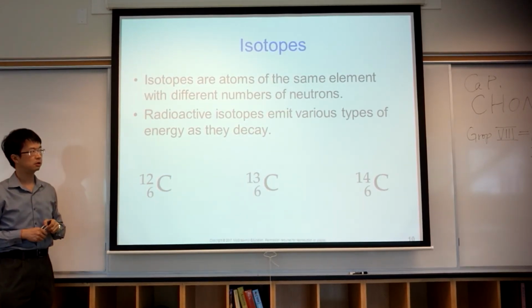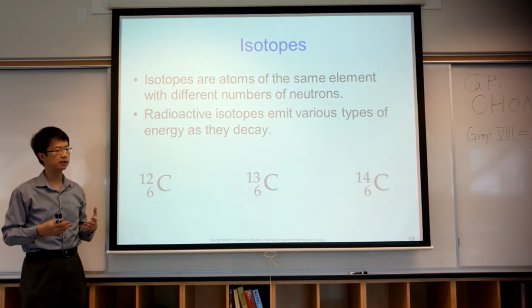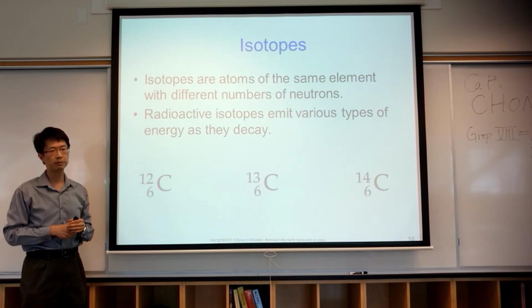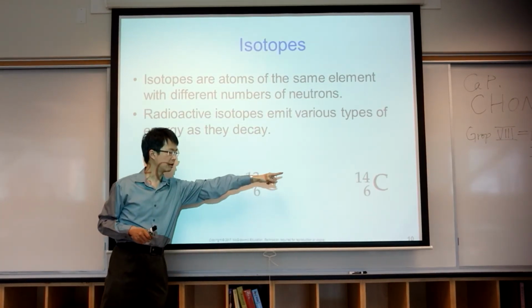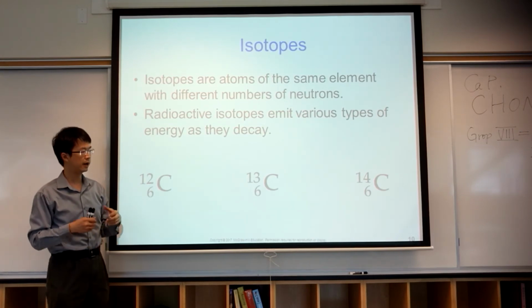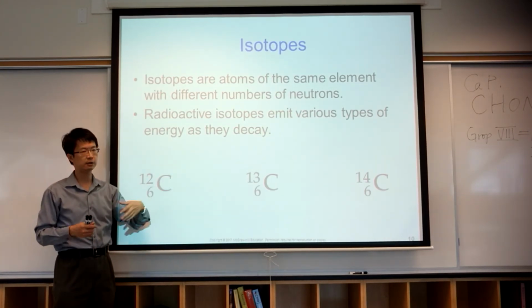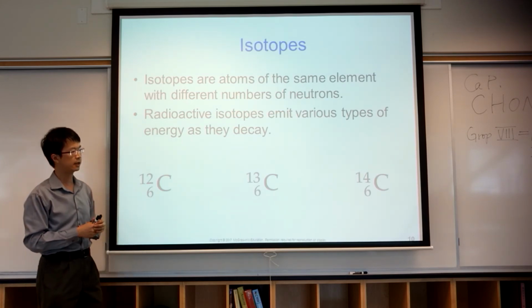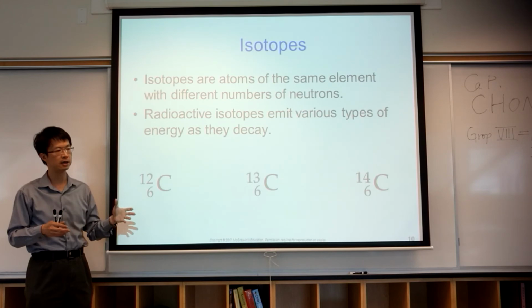They say that radioactive isotopes emit various types of energy as they decay. You may have heard about something called carbon-14 dating. Carbon-14 is an isotope of carbon, and it is radioactive. In the natural environment, we all have carbon-14 everywhere, including in our body.